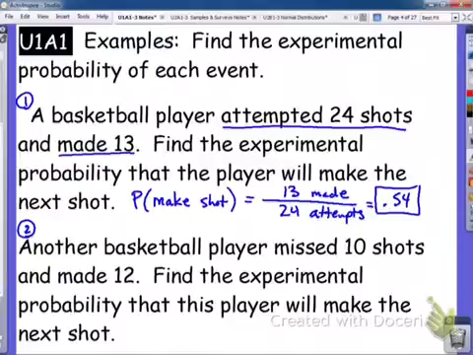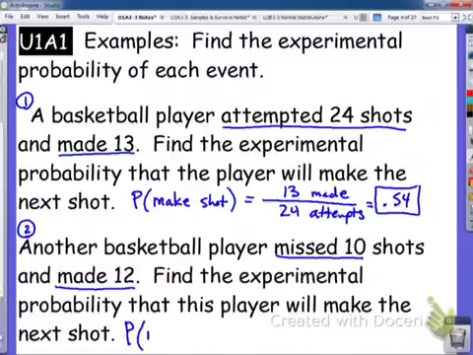Okay, this one's a little bit tricky. Notice that it says that the basketball player missed 10 shots and made 12. Most people, when they do this, make a mistake and give me the fraction 10 over 12, or something else. But it's not about just taking the two numbers that are given and creating a fraction out of it. Instead, it is following the formula that I gave you earlier.